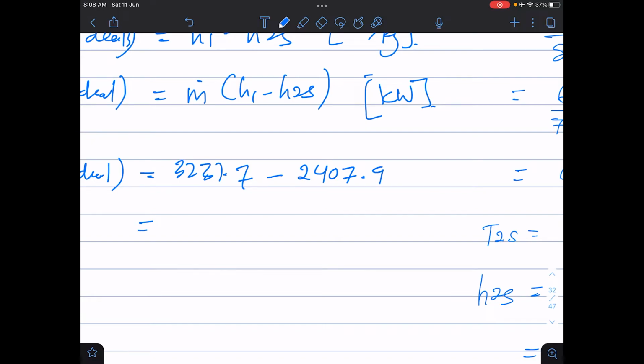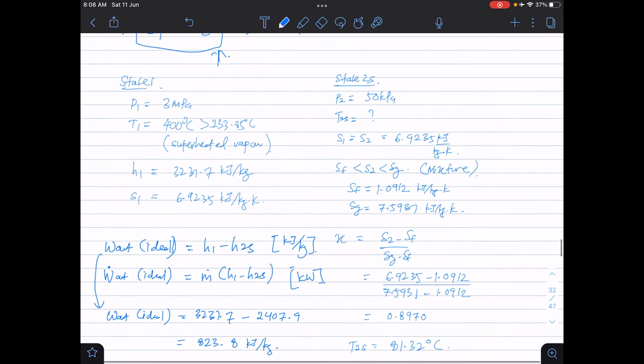So we will get 823 kilojoule per kilogram.